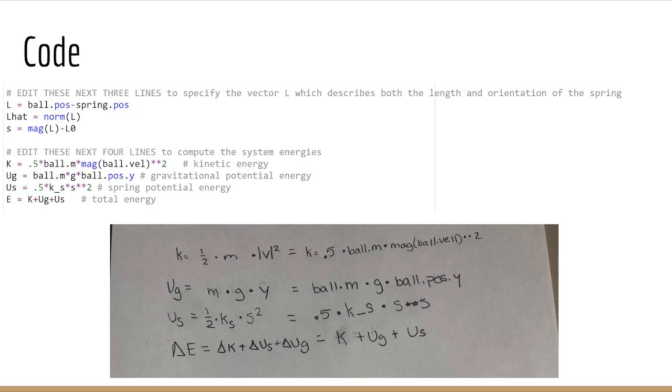The kinetic energy was 1/2 times mass times the magnitude of velocity squared. The gravitational potential energy was mass times gravity times y, and the potential spring energy was 1/2 k sub s times s squared. Overall, the total energy would be K plus the gravitational potential energy and the potential spring energy.